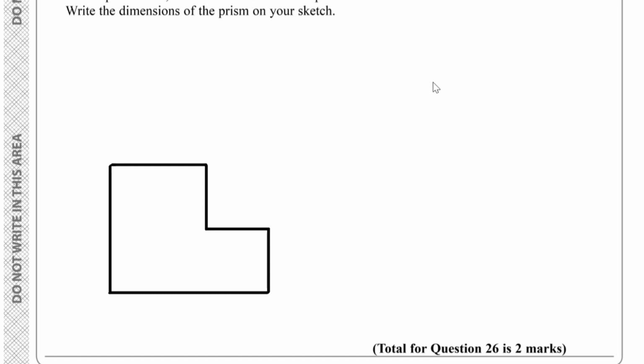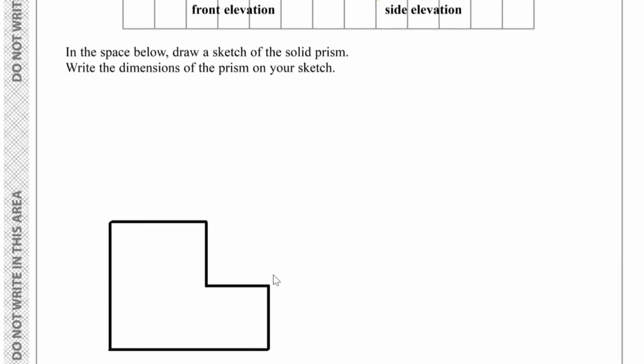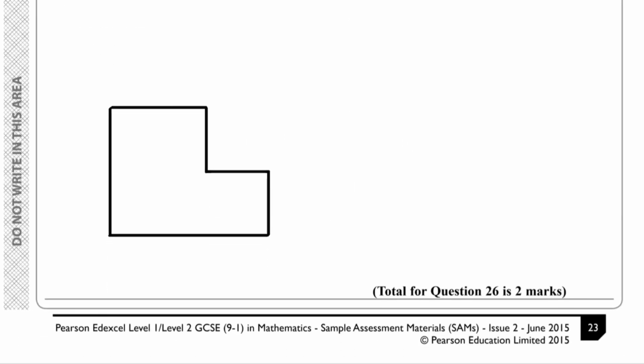We've got here the front elevation, and if I add the dimensions on, we've got here 5 centimeters, and then here we've got 2 centimeters, here we've got 4 centimeters, here we've got 3 centimeters, here we've got 2 centimeters, and here we also have 2 centimeters.